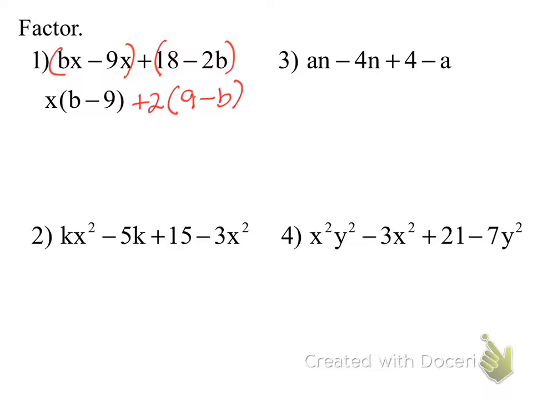A negative 2. If I factor out a negative 2, what's it going to do to the binomial? It's going to flip it around and make it b minus 9 times the negative 2, and then it becomes what? B minus 9 times what? X minus 2. Try the next one.